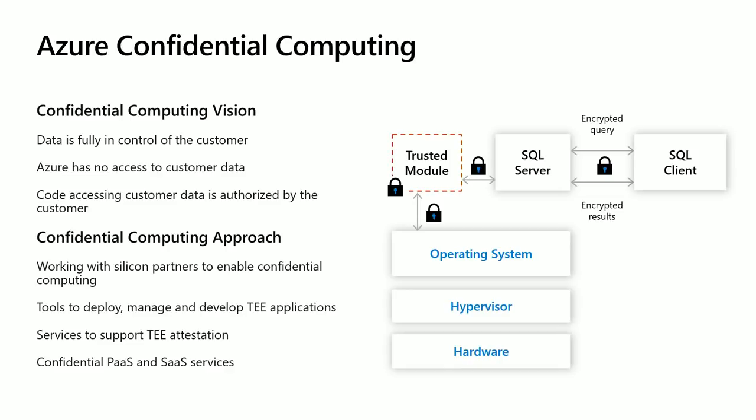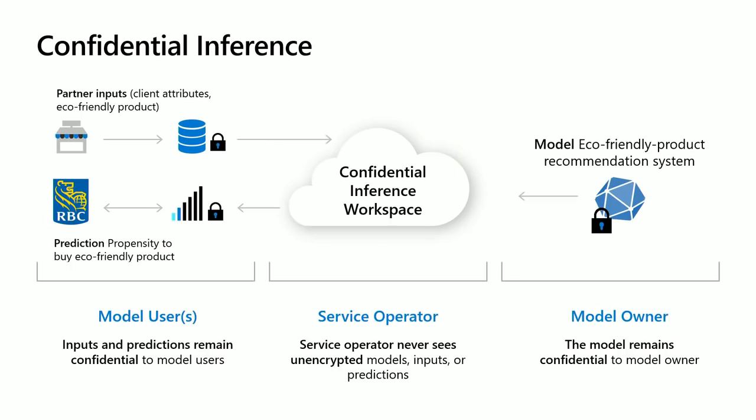One of our great partners in this is Royal Bank of Canada, which has set up a confidential inference project with us. In this project, they've got retailers, they've got a bunch of historical buying data on customers, and the retailers might come and say, hey, for this set of customers and these products, how likely are they to buy it?